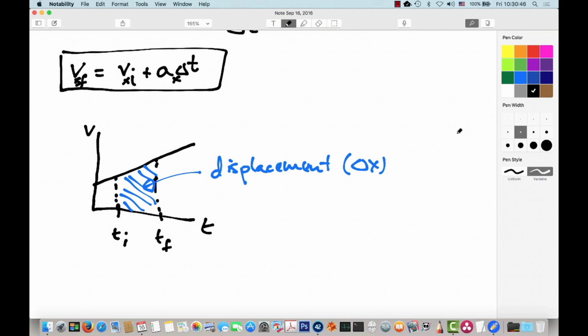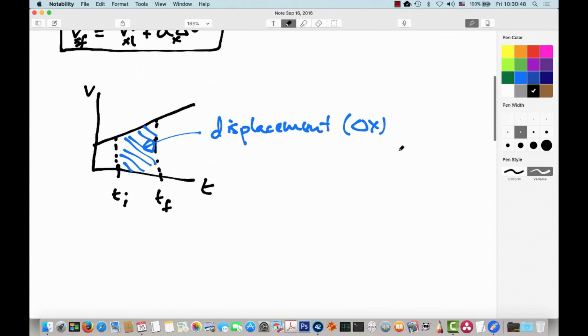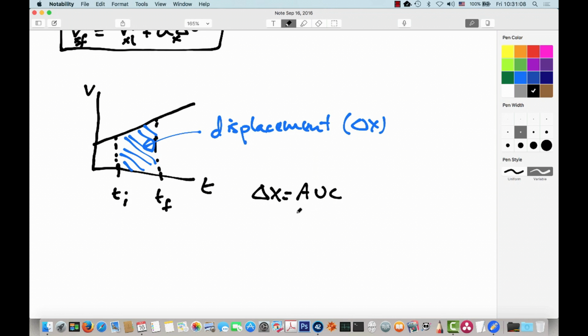So we can use that. Our displacement will be equal to this area right here. This is the area of a trapezoid. So this says that the displacement, delta x, will be equal to the area of this trapezoid. We'll just say AUC for area under the curve.